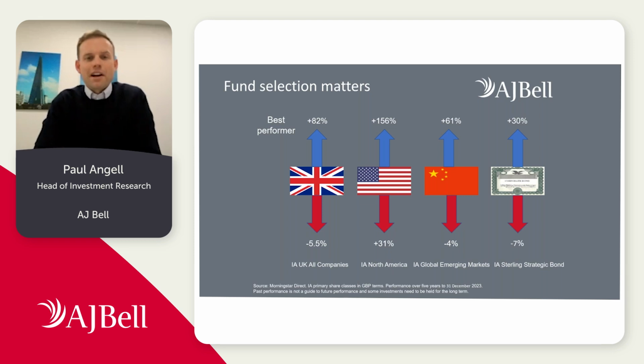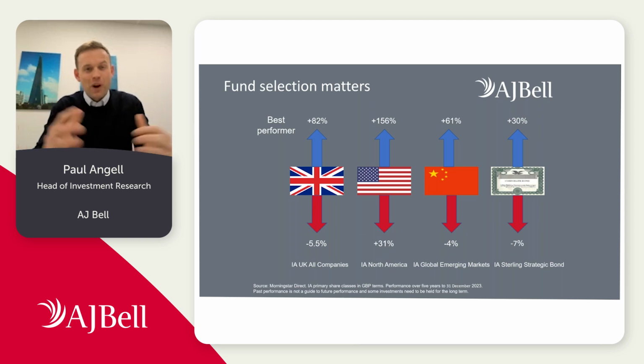So if you'd like to select an active fund manager, the first thing to say on that is that fund selection really matters. Here I've listed 4 major asset classes and just highlighted the difference in returns between the best performing fund in each of these asset classes and the worst performing fund, looking at their performances over the last 5 years to the 31st of December 2023. And you see that there's a huge variety in returns.